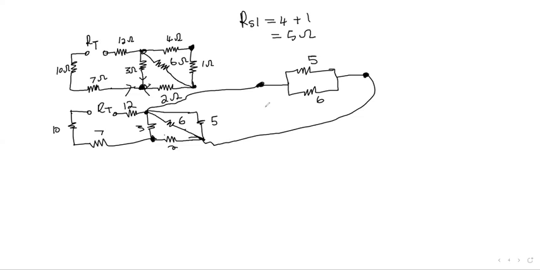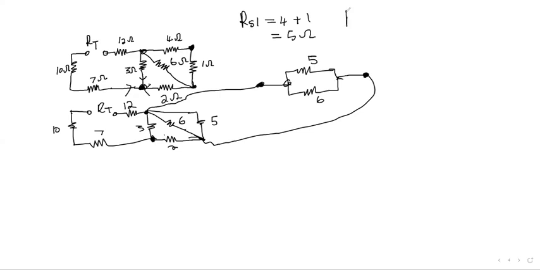If I adjust the wires of 6 ohm and 5 ohm, you will see they don't form a junction. They are connected in parallel. But the way they've drawn it, they make me think it's a junction, while it's not a junction. You see? So 5 ohm and 6 ohm, parallel, 2 legs connected together.